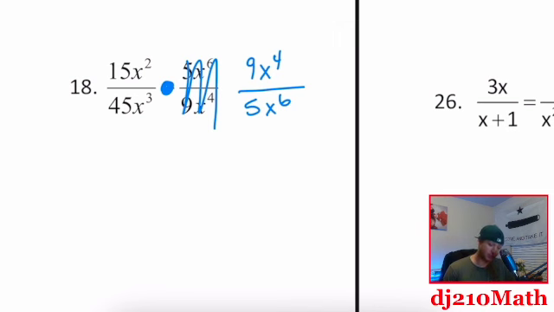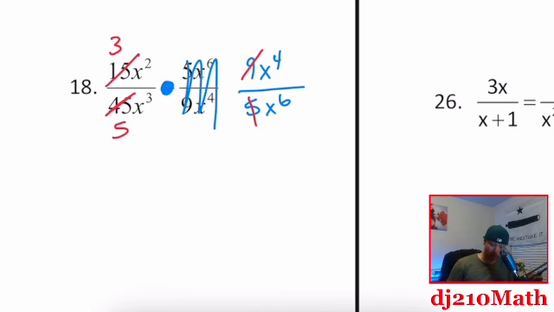There's a 5 in the denominator, 15 in the numerator. So 15 divided by 5 is 3. There's a 9 in the numerator, 45 in the denominator. So 45 divided by 9 is 5. All right, 3 and 5 can't go any further.